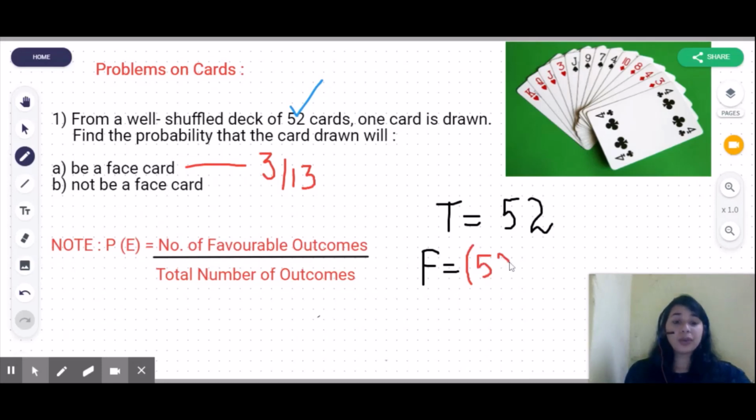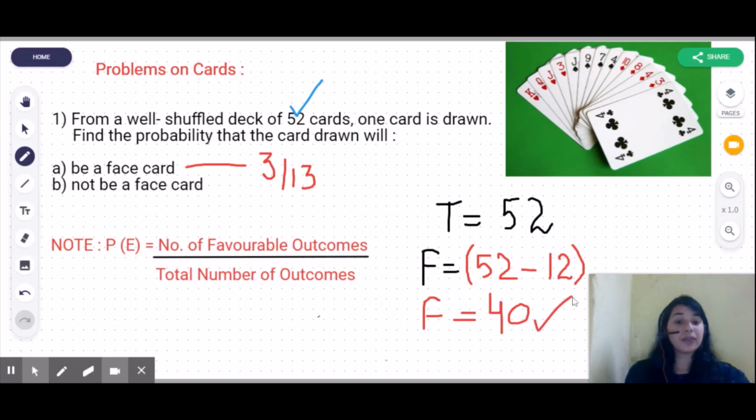If I don't want a face card, what will I do? I will eliminate from these 52 cards those 12 cards which are face cards. If I eliminate my face cards, then I'll be left with non-face cards only. So if I subtract 52 minus 12, how much are we going to get? We are going to get 40 here.